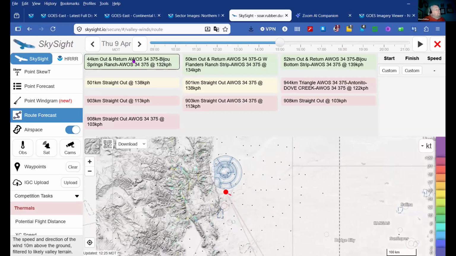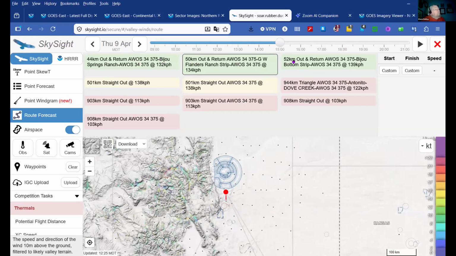And so there's that out and return, that's an out and return, that's an out and return. There's a straight out. Here's another straight out. Anybody adventuresome? 900K triangle? Not today. Remember, when we're looking at this, this is a straight out, that's a straight out. Okay, this is the only one that's a triangle.